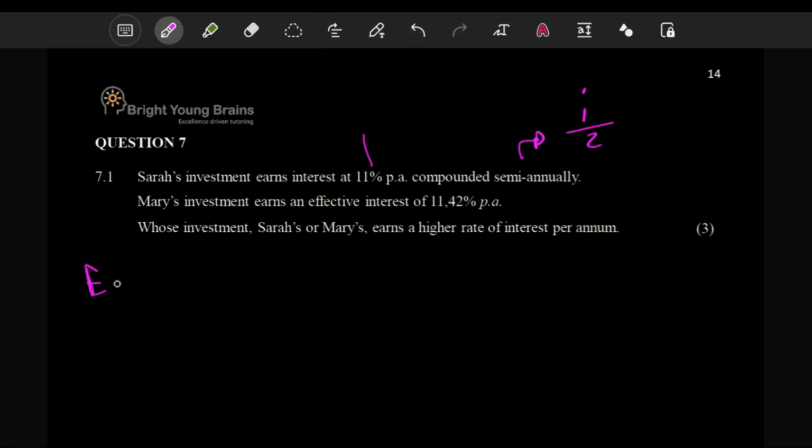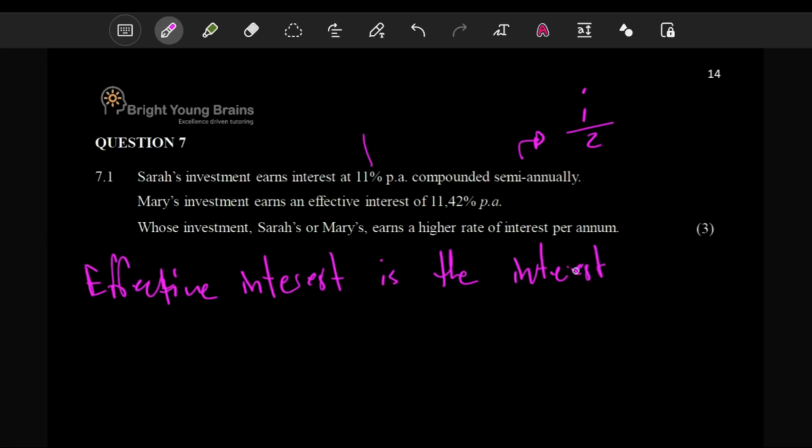The effective interest is the interest rate per annum, because obviously what they would have given you is something that's semi-annually.